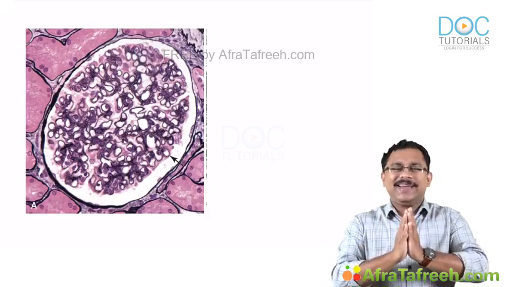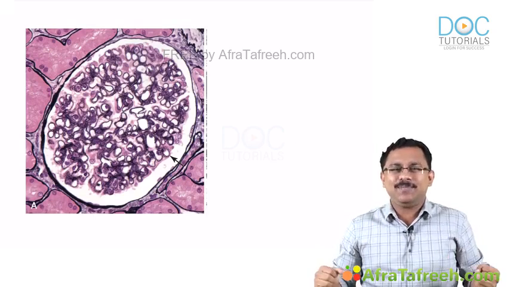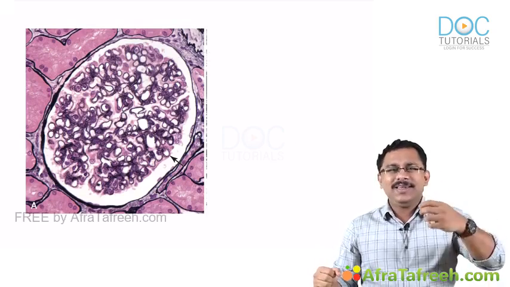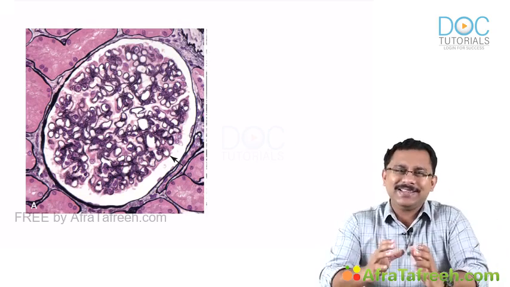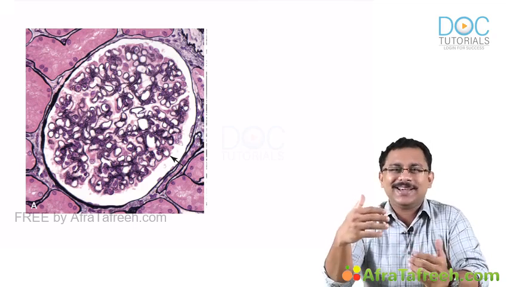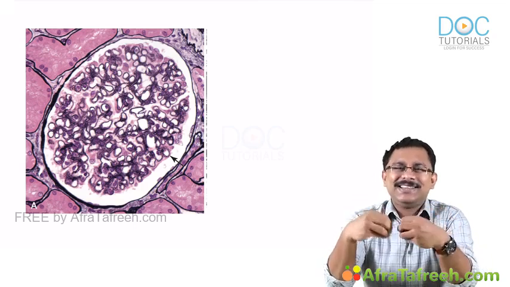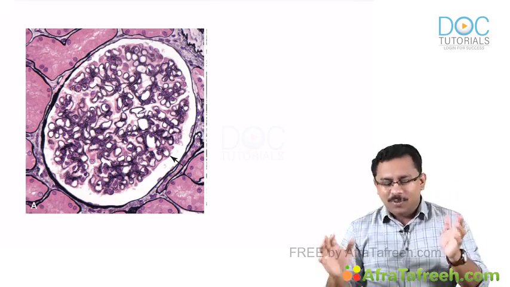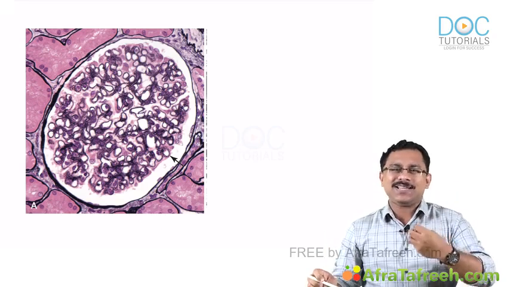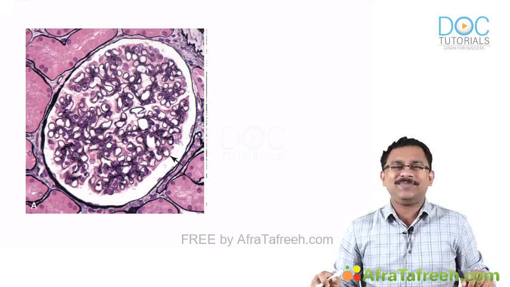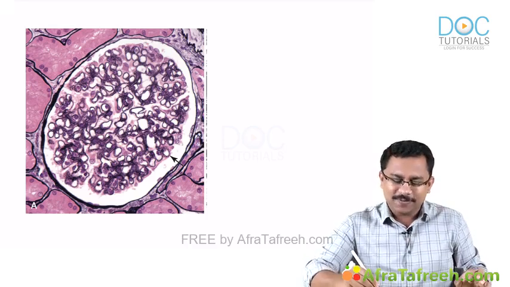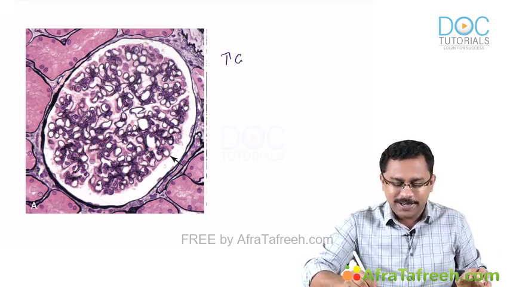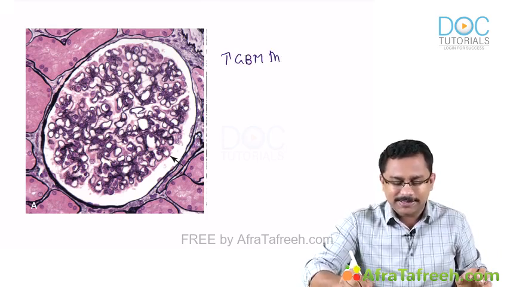The only striking point that you are going to see in the light microscopy is that the glomerular basement membrane thickness would be increased. You will not have any increase in cellularity, no increase in the mesangium. All you can observe, and that too sometimes requires careful observation, is the increased thickness of the glomerular basement membrane. Increased GBM thickness.